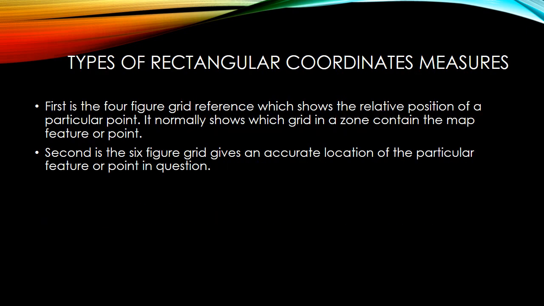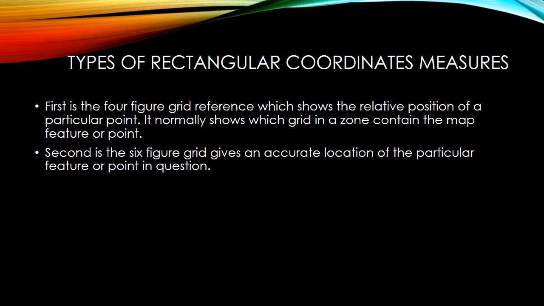Okay, so there are two types of rectangular coordinate measures. First, is used for relative location or relative position of a particular point that you are looking for. So it will just give you the coordinate of the grid within which the point is found, and that is the 4-figure grid reference system.